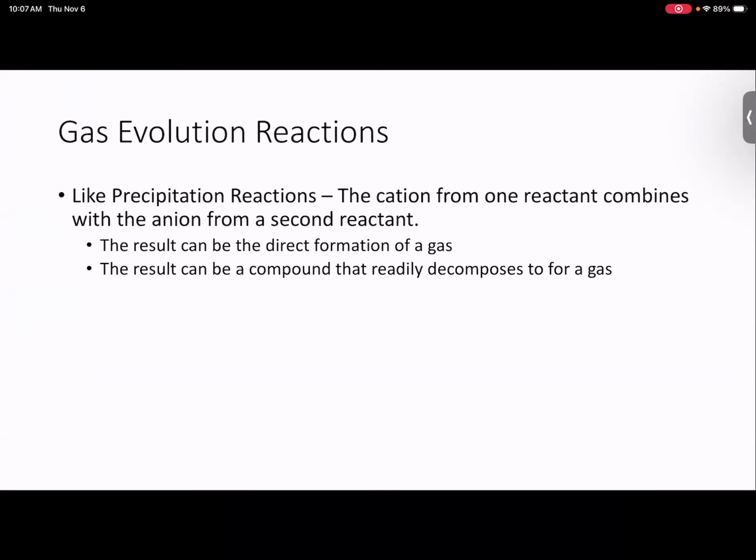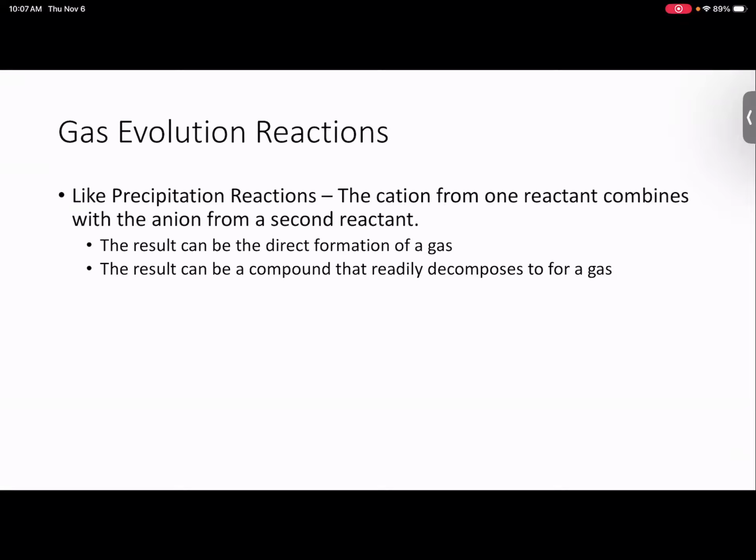Now, like precipitation reactions, the cation from one reactant combines with the anion from the second reactant. It's just that when that occurs, sometimes it produces a gas immediately, and sometimes the gas is the result of an intermediate reaction that goes on.